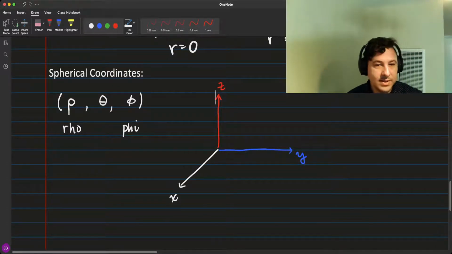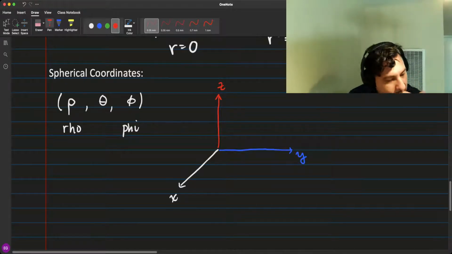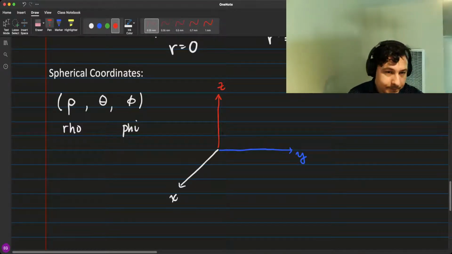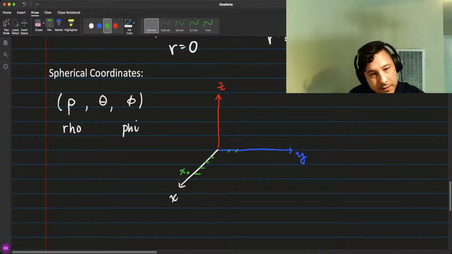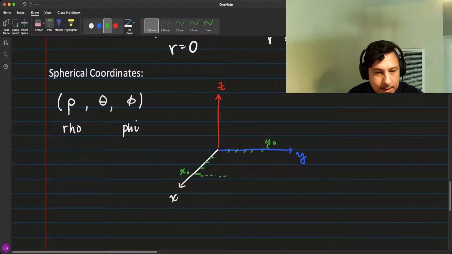Okay, so let's choose some point. We'll move some amount x naught in the x-axis. We'll move some amount y naught in the y-axis.